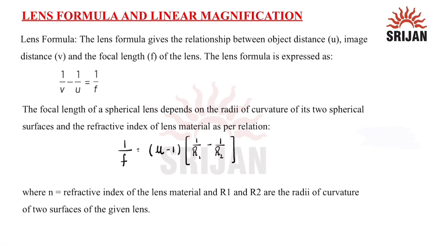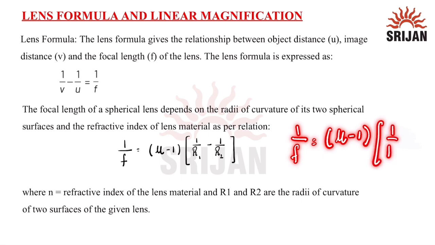Now, the focal length of a spherical lens depends on the radii of curvature of its two spherical surfaces and the refractive index of the lens material as per the relation 1 upon focal length equals refractive index of lens minus 1, 1 upon R1 minus 1 upon R2.